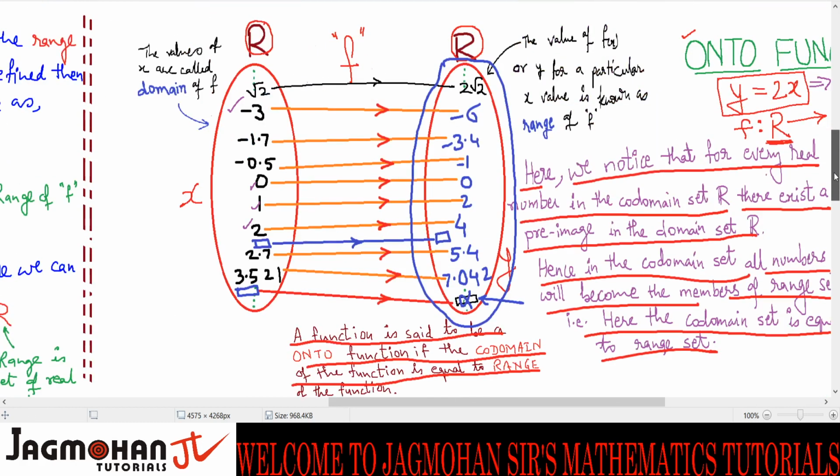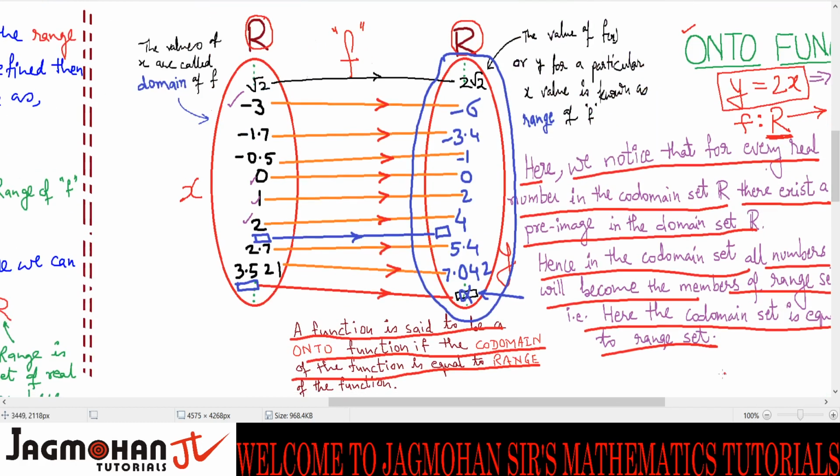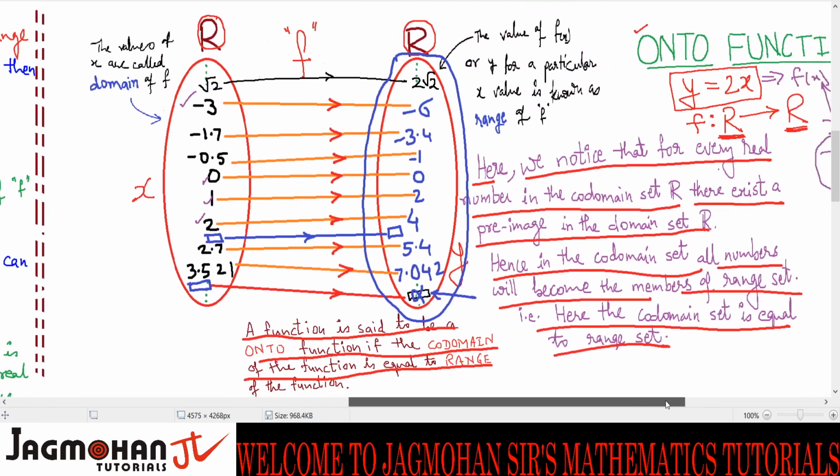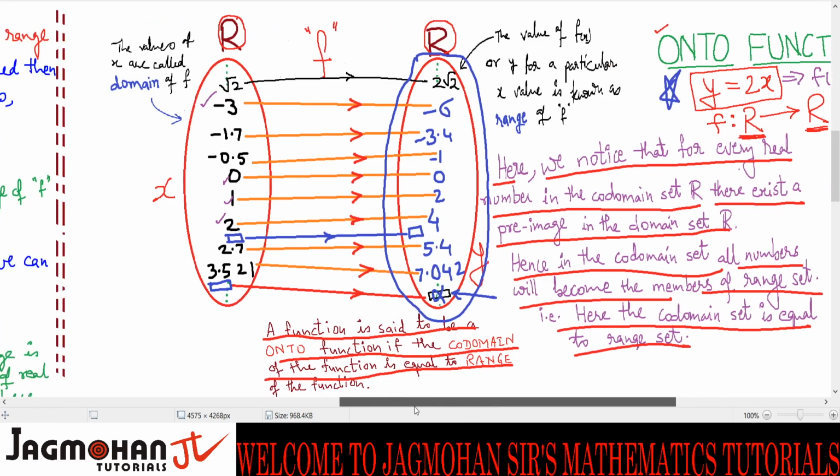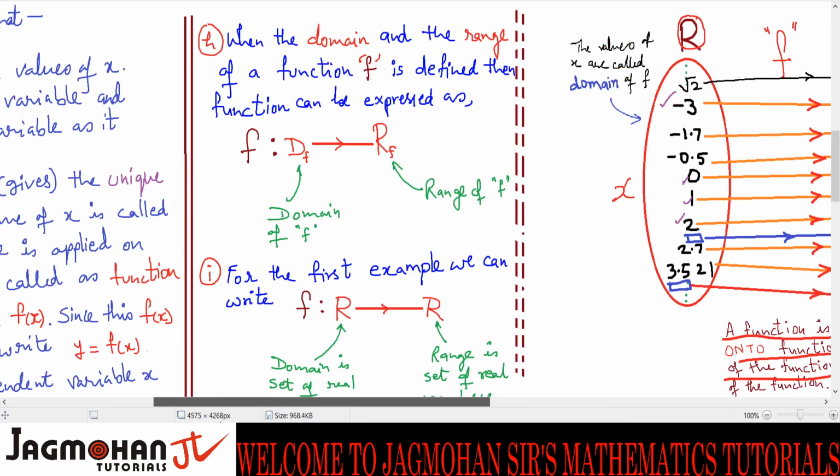So here, students, this function was an onto function. In the previous video, this function y equals 2x, we had already seen that it was a one-one function.